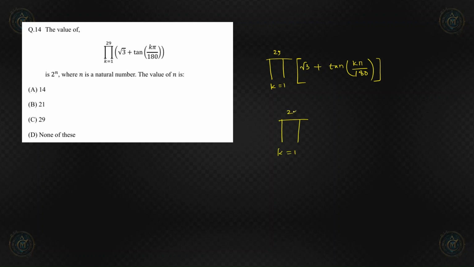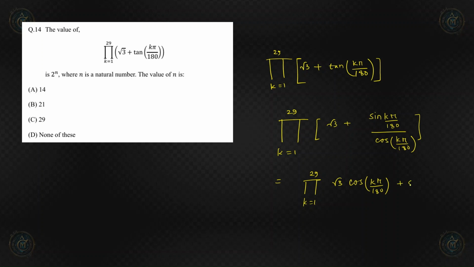Product of k equal to 1 to 29, then root 3 plus this will be sine of k pi by 180 divided by cos k pi by 180, right? So this thing we can write as product of k equal to 1 to 29, then this we can simplify as root 3 cos k pi by 180 plus sine k pi by 180, divided by cos of k pi by 180.